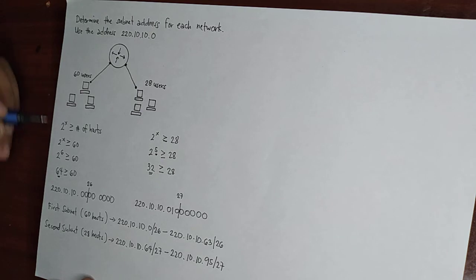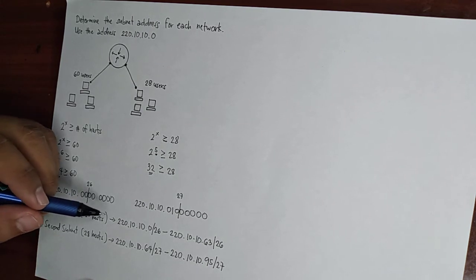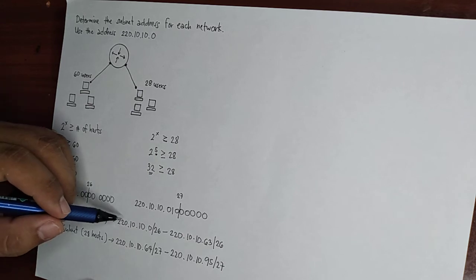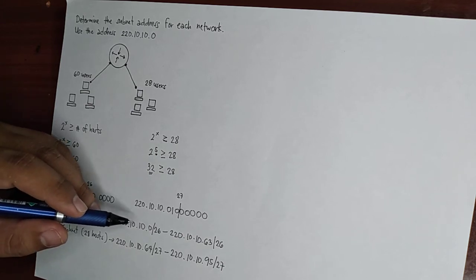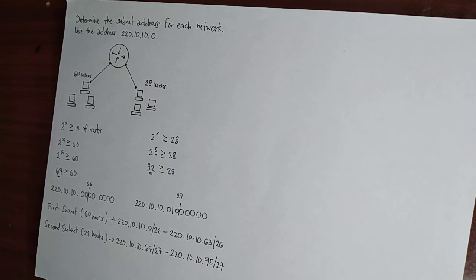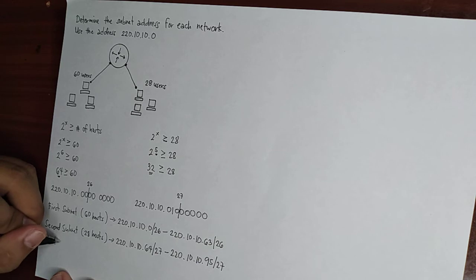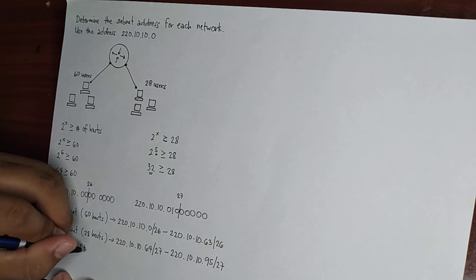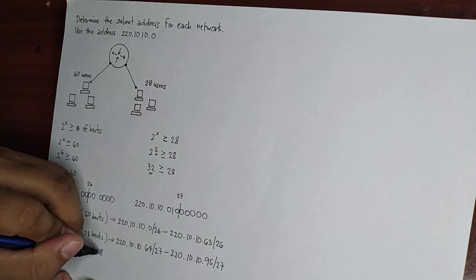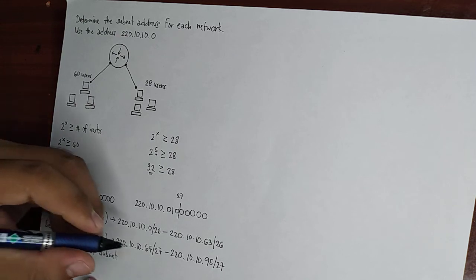Therefore, the first subnet, which will use 60 hosts, will have the addresses 220.10.10.0 until 220.10.10.63. So what is the subnet mask of the first subnet? How do we calculate the subnet mask?